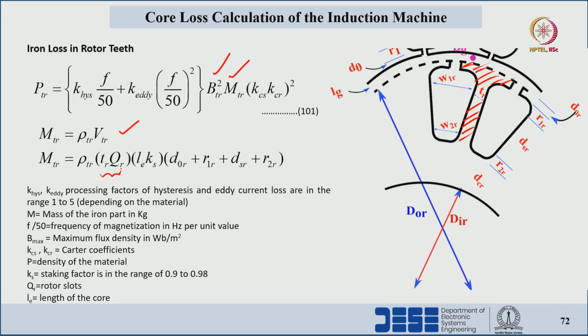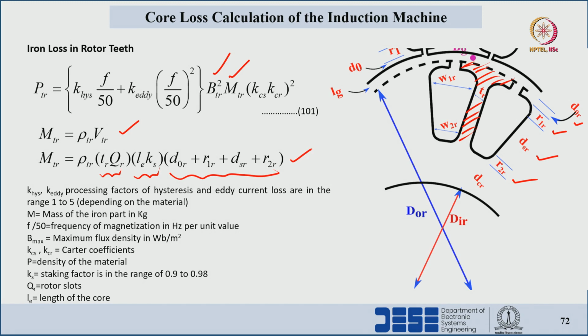So, the x-axis length, that is Tr into Qr, the length of the core, and the actual height of each slot, that is R1R plus D0R plus DSR plus R2R. Addition of these 4 terms will give the actual height of the slot at the rotor side.